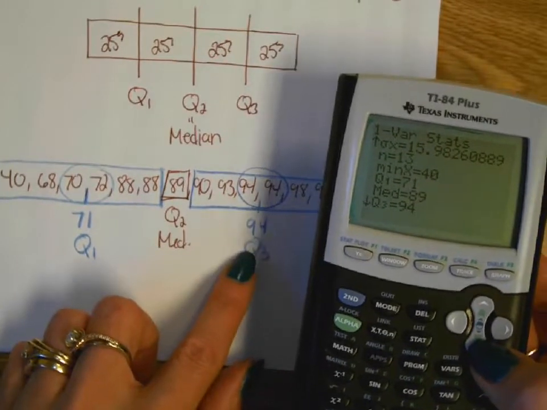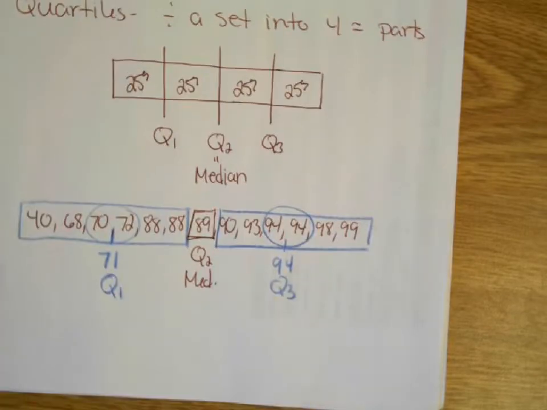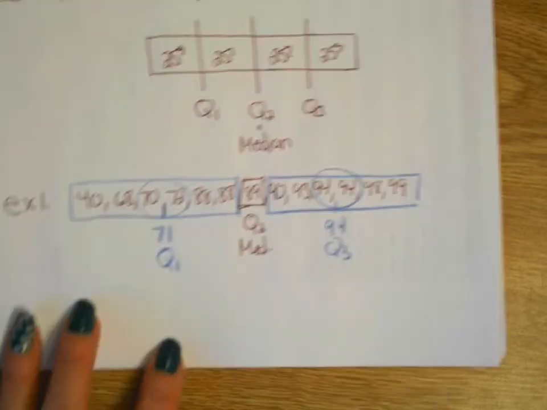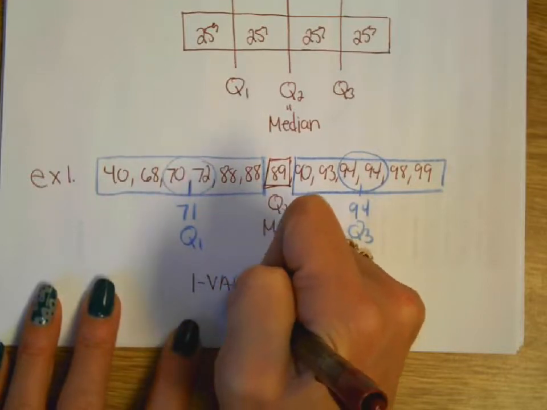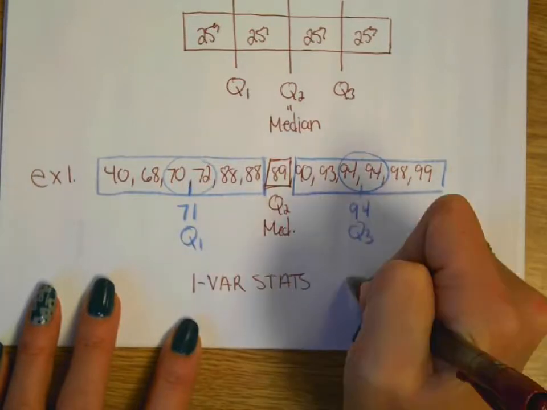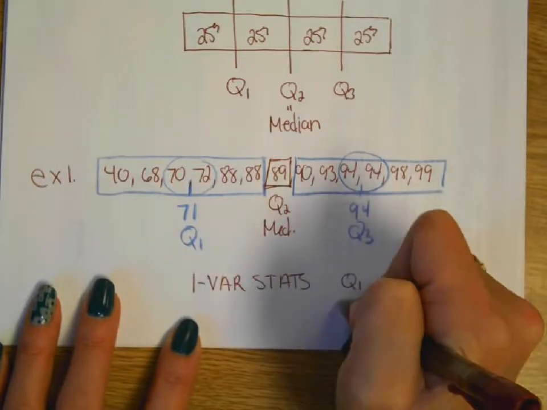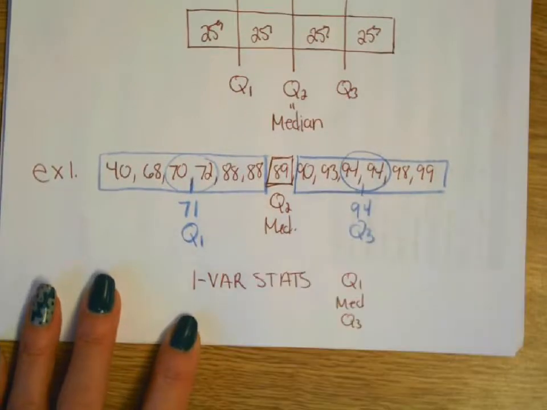Quartile 3, 94. So that's all built in. Kind of nice. So the quartiles can be found under 1-Var Stats. You want Q1, median, and Q3.